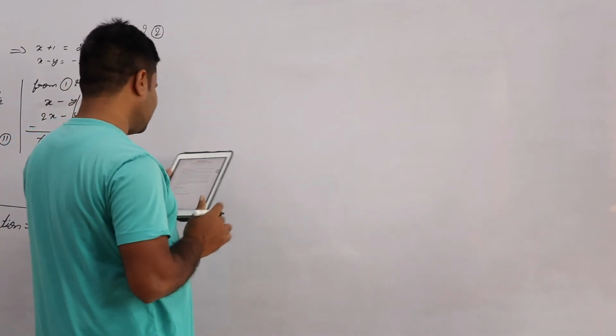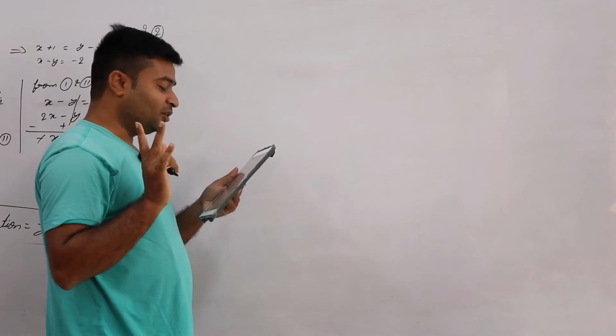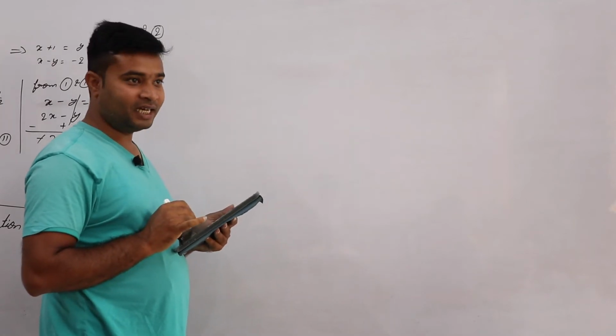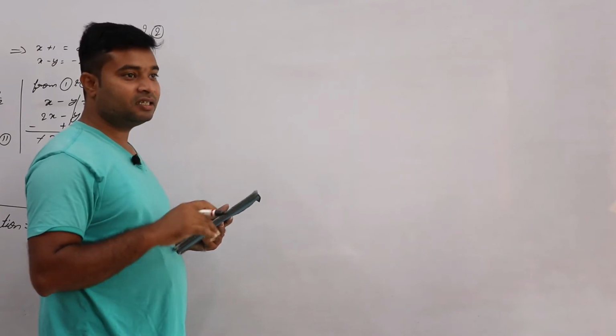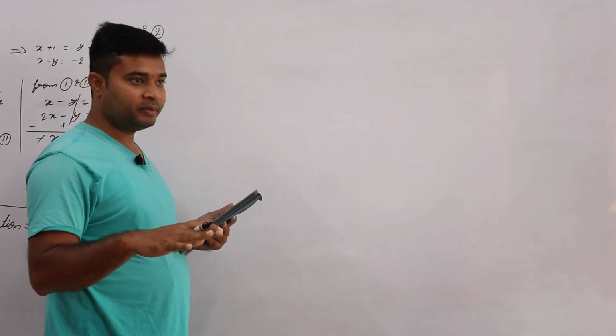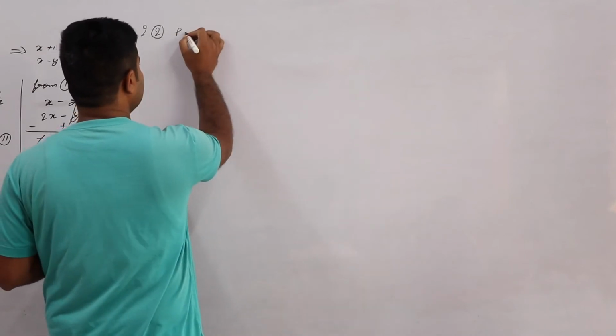Chalo, say. Two person names are there, Noori and Sonu. Assume Noori is x, Sonu is y. Correct? Which age? Present age. We are assuming present age.